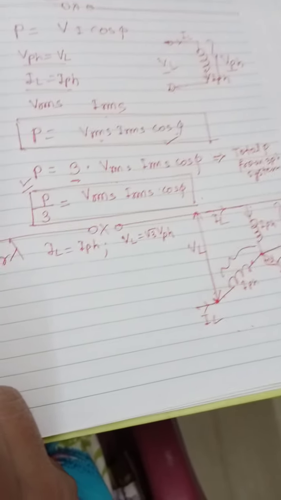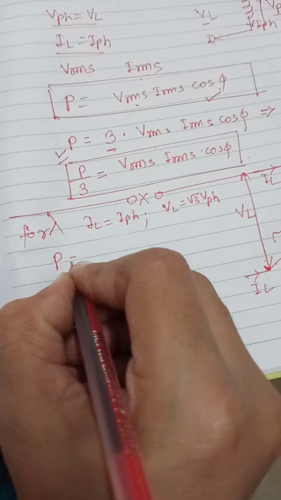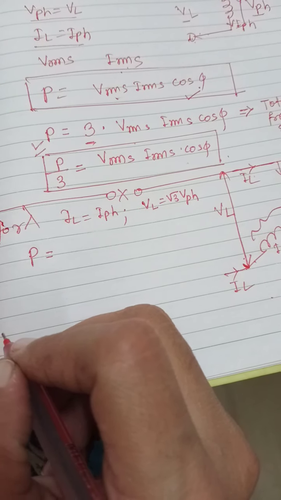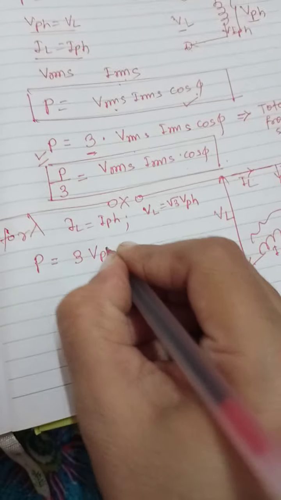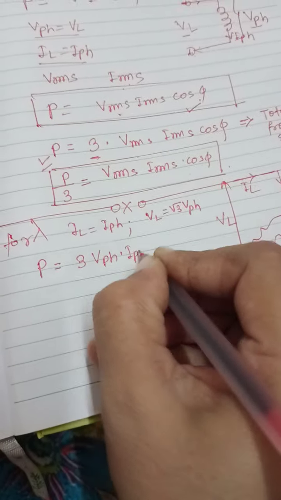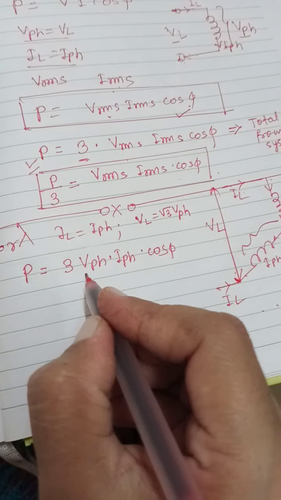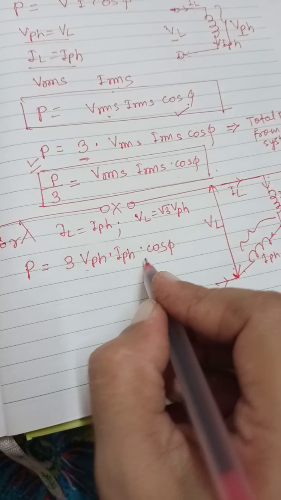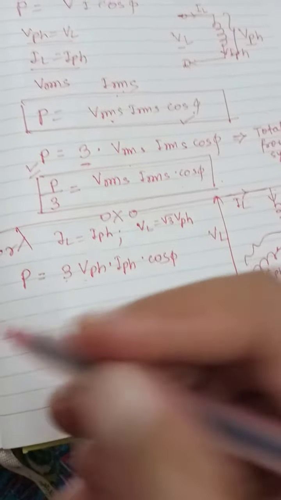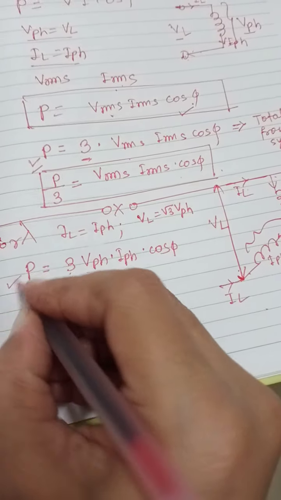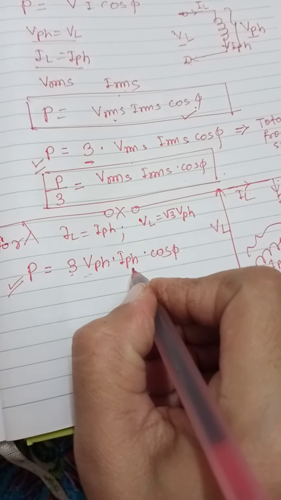Now when you write the equation for the power for such a system, you have to write P is equal to 3 times phase voltage into phase current into cos phi. Because this phase is nothing but a single phase system, when you multiply with 3 it becomes a 3 phase system, 3 times the single phase. So that's the total power of the 3 phase system when represented in terms of the phase.